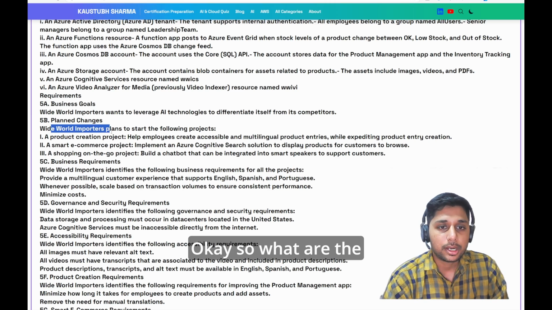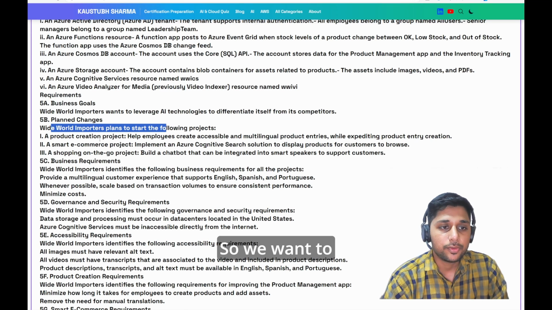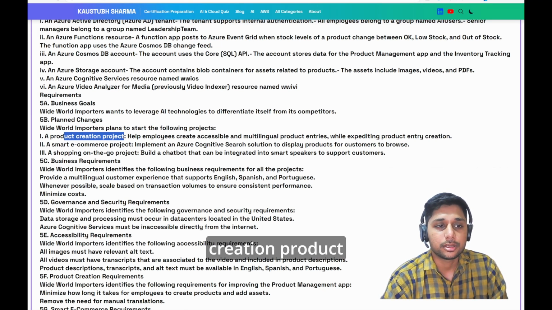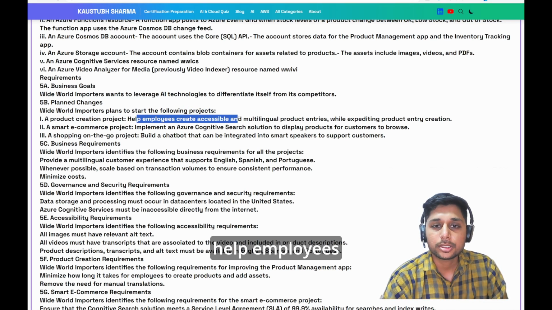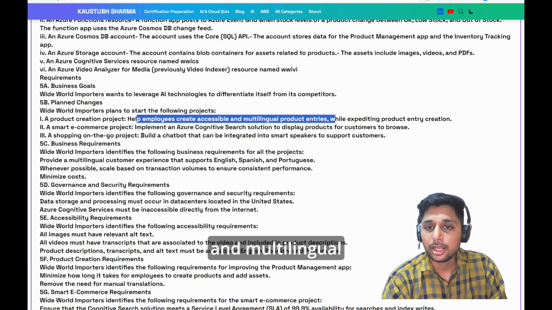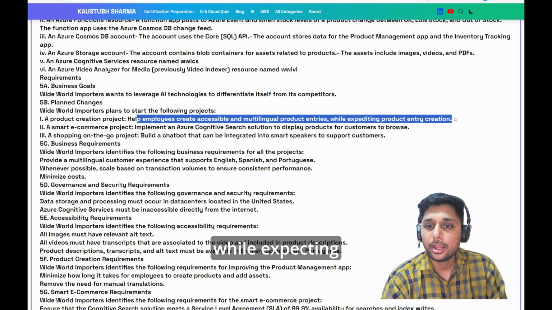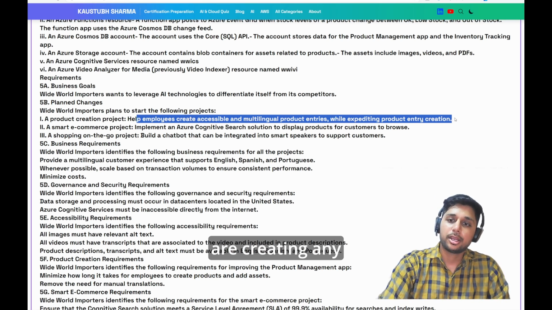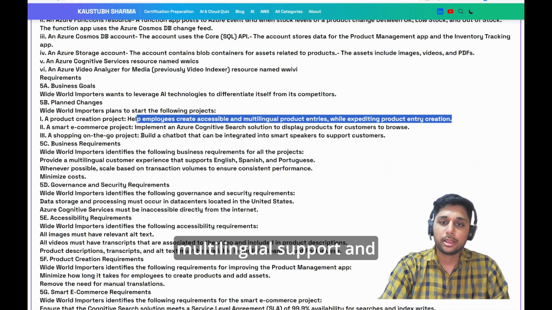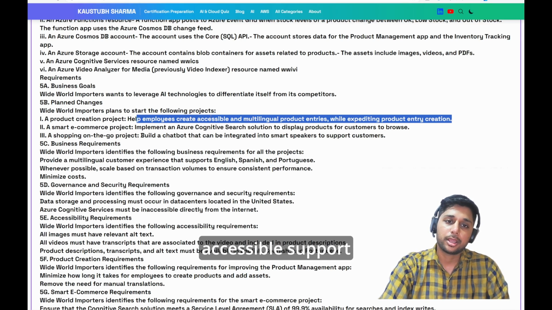So what are the planned changes? We want to create a product creation project, which is going to help employees create accessible and multilingual product entries. When we are entering any new product, we want multilingual and accessible support.